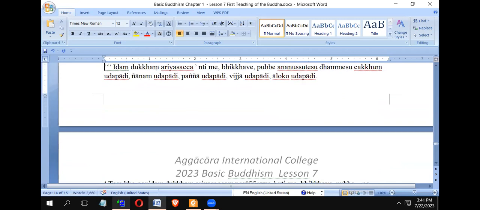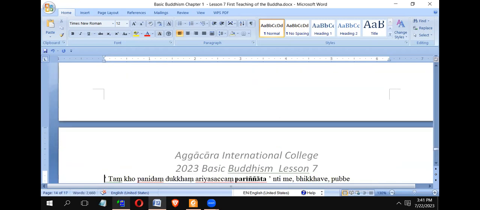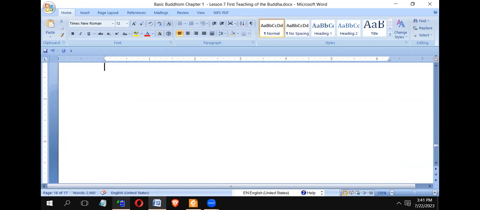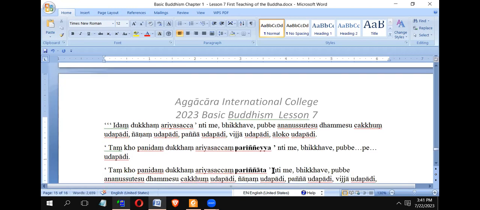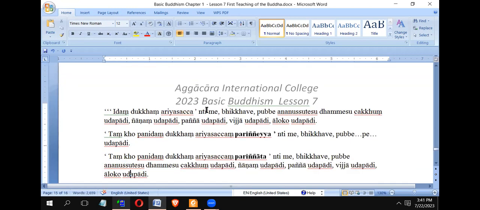I think all of these are past participles. Idam dukkham ariyasaccam ti me bhikkhave pubbe ananussutesu dhammesu, in things not heard before, all right? Cakkhum udapadi, the eye arose. Nana udapadi, knowledge. Panna, wisdom. Vijja, knowledge. Aloko, light. Udapadi, arose, right?